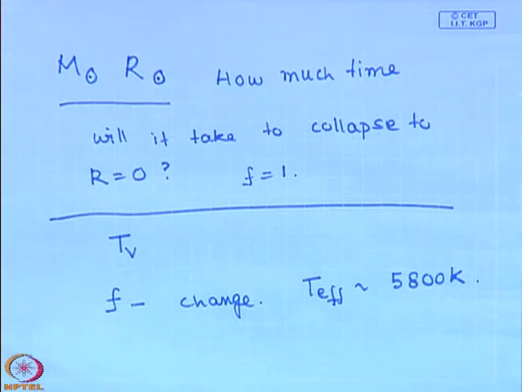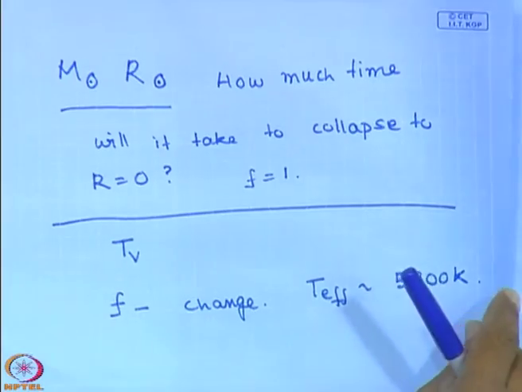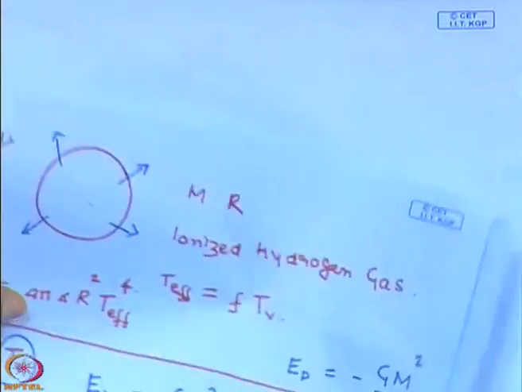The next problem that I am going to discuss, again I have mentioned this problem, it is not something new. The problem is as follows. We will look at nuclear. So, the previous problem had to do with the virial theorem, the next problem has to do with hydrogen burning.